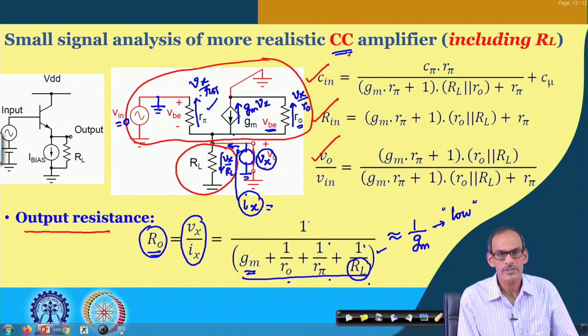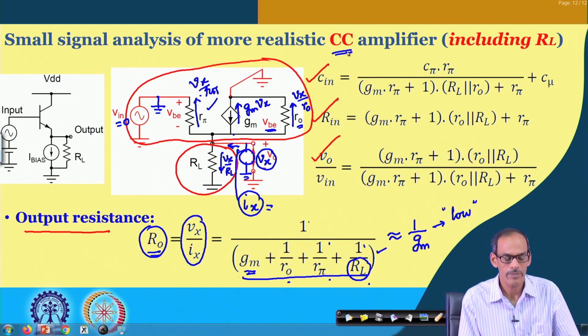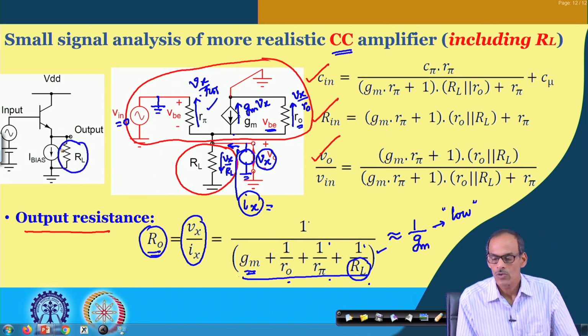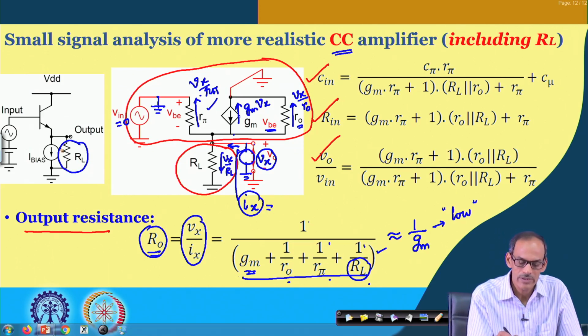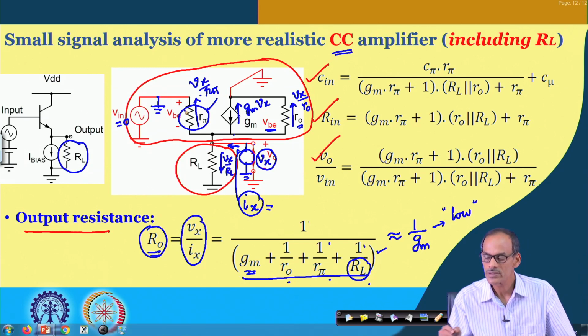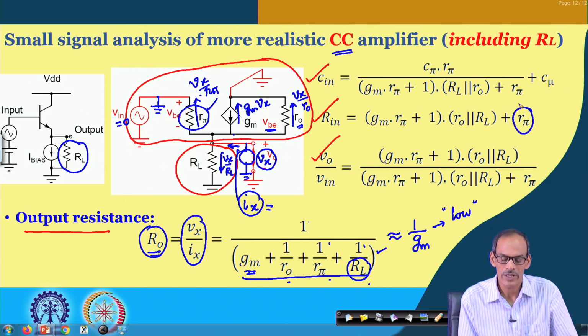If you consider its MOS counterpart, namely the common drain stage, and then consider this RL for that, what you will be getting is similar kind of things. The only difference is that this R pi will not be there, because theoretically it is infinite for the common drain amplifier.